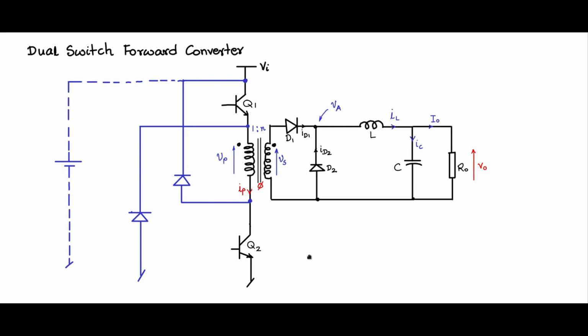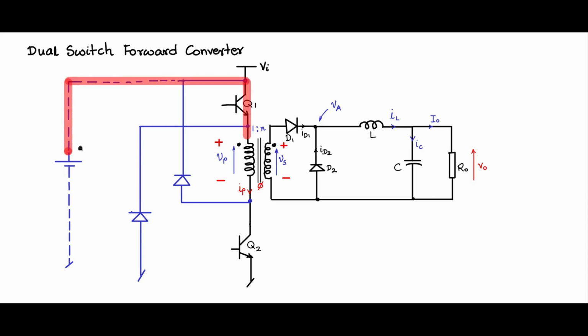Now let us consider the situation during DTS, when Q1 and Q2 are both on together. So when they are both on together, you will see that Vi, this is plus and this is minus. On the secondary side, this is plus and minus. Secondary side operation we know is buck converter operation. So let us see how the current flows here on the primary.